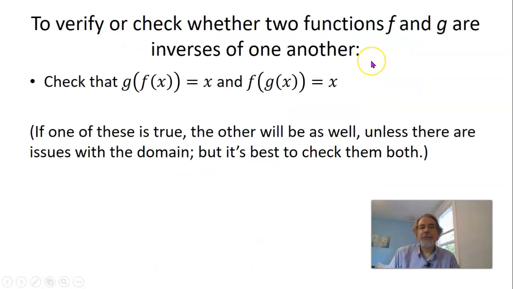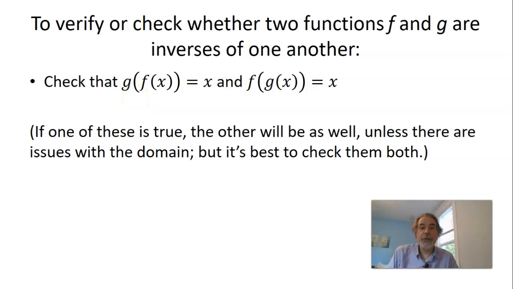So to verify or check whether two functions, f and g, are in fact inverses of one another, the way you would do that is look at those function compositions. Check out what g of f of x is and see if it simplifies down to just x.